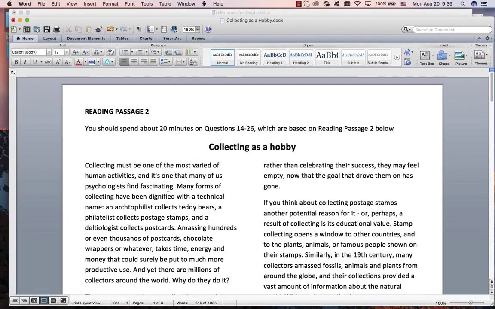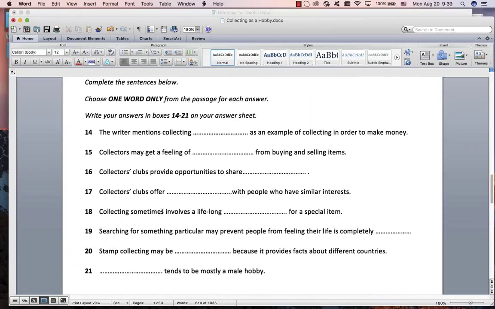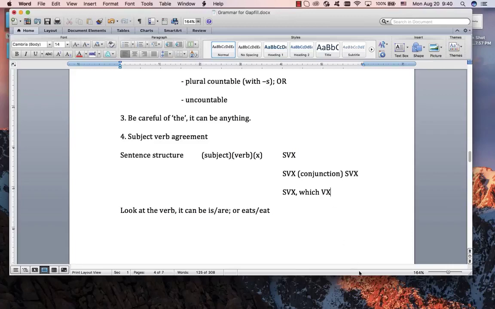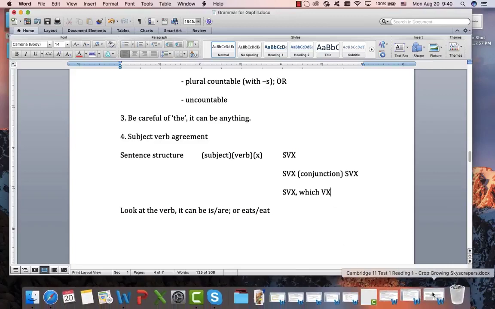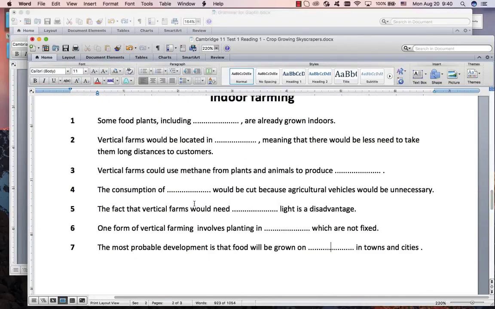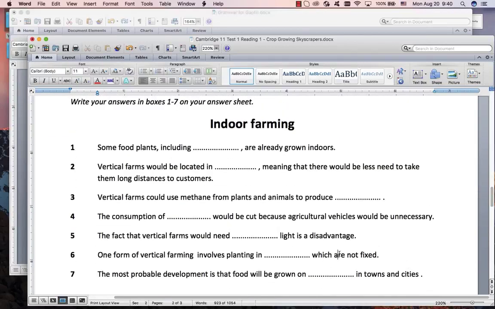This was collecting as a hobby, a passage 2, and that told us some information because, yes, this time there is an S there. That means this is either countable singular or uncountable. And one more example. It's actually from Cambridge 11, the first reading in Cambridge 11. Also had some gap fill, and it was over there.